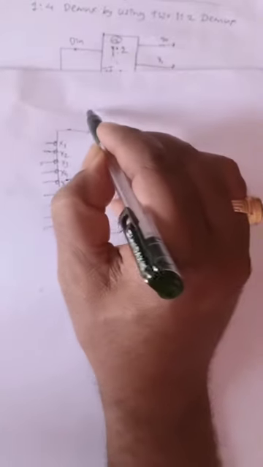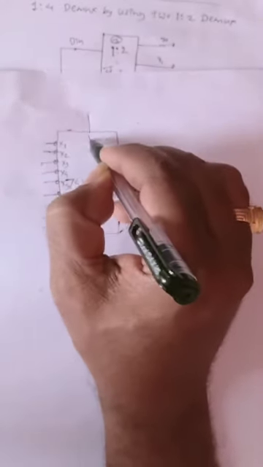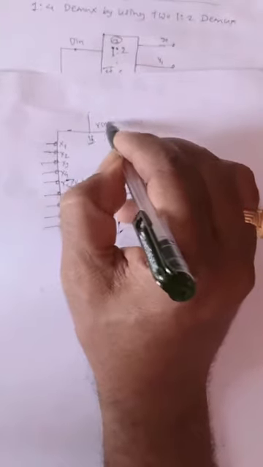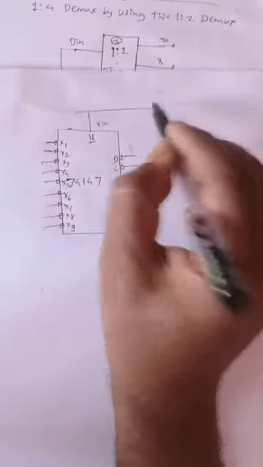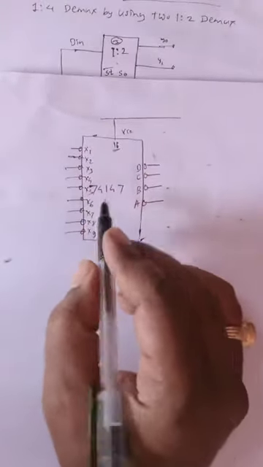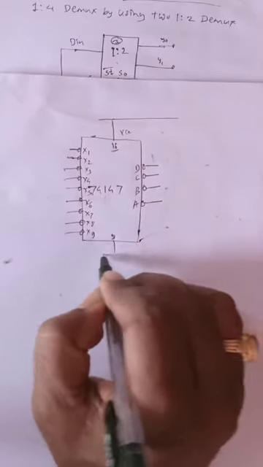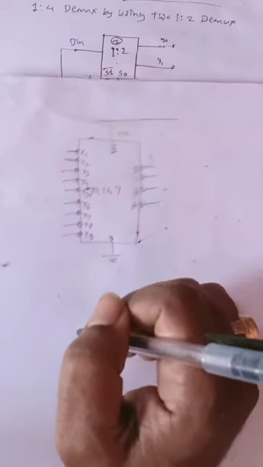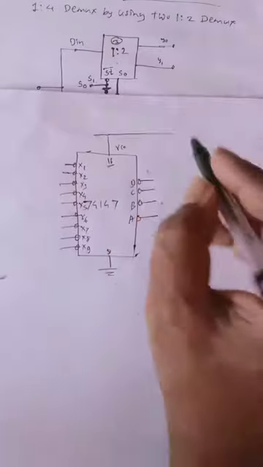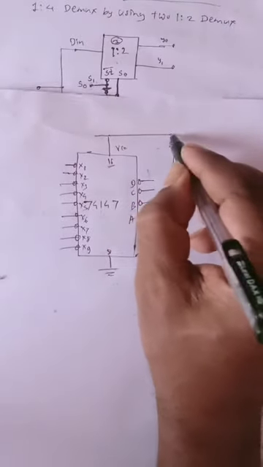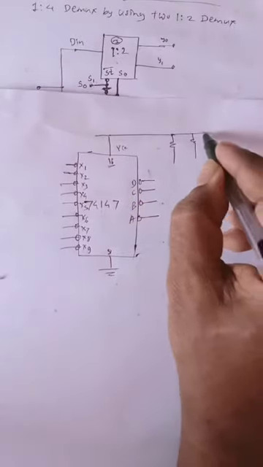This is plus VCC, at pin number 16, and ground is at pin number 8. Then how are we going to observe the output? Here the resistors are connected.